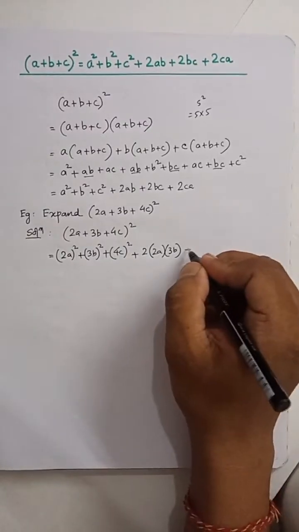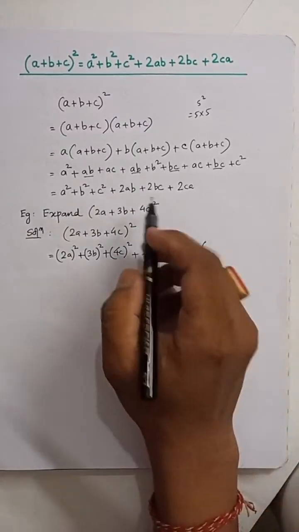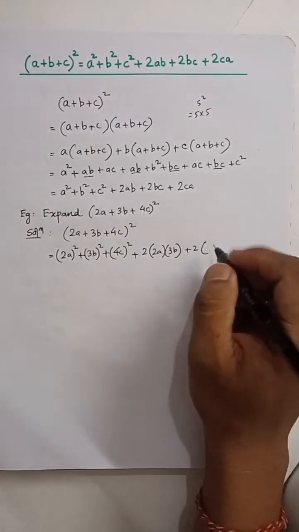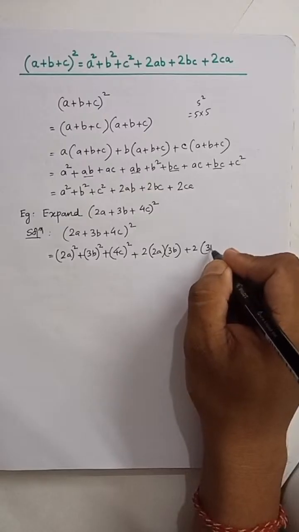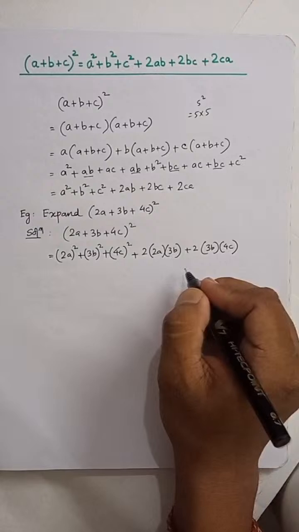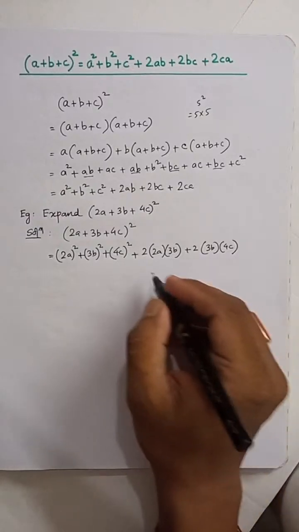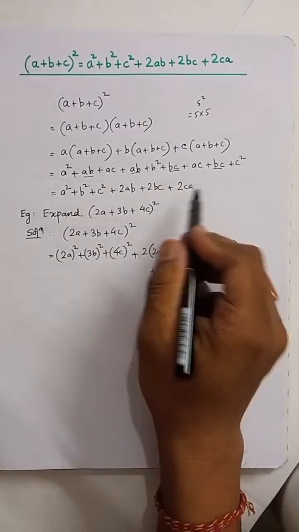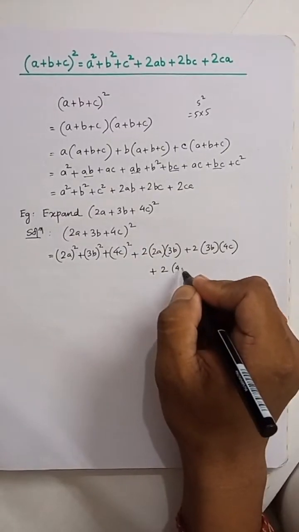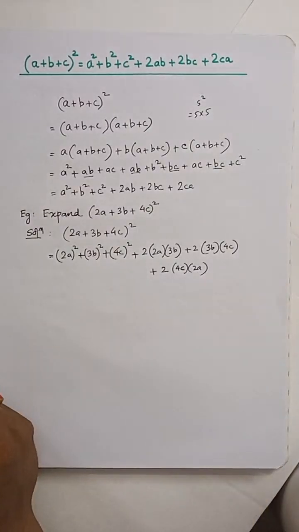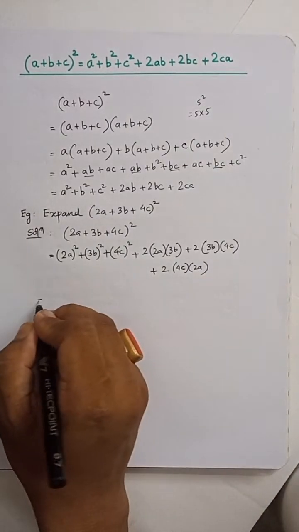Then 2 into, we have bc, that means second term multiplied to the third term. And I will write it in the next line. 2ca, that means third term and the first term, so 4c into 2a.